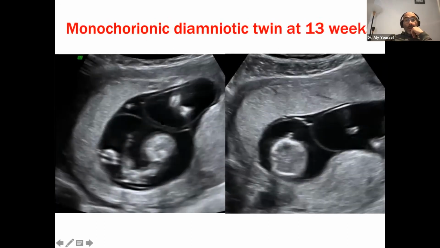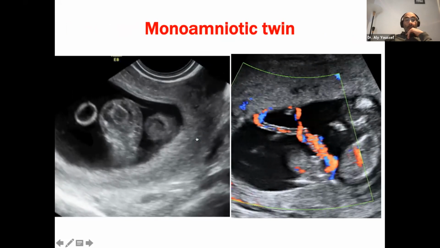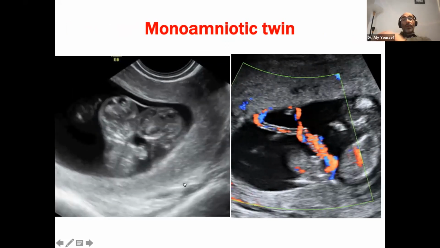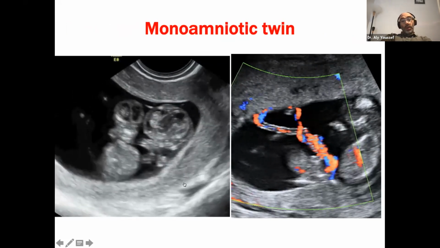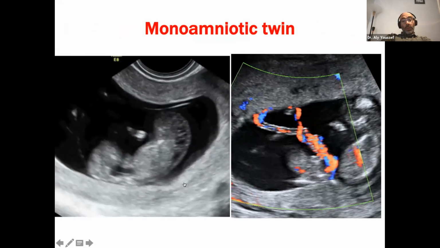So this is again a case of monochorionic diamniotic twins. We do not have placental tissue separating the two sacs. We have a membrane with an empty lambda sign in these cases. Here on the right-hand side we have a classical T sign. Okay, whereas this is a case of a monoamniotic monochorionic twin pregnancy.